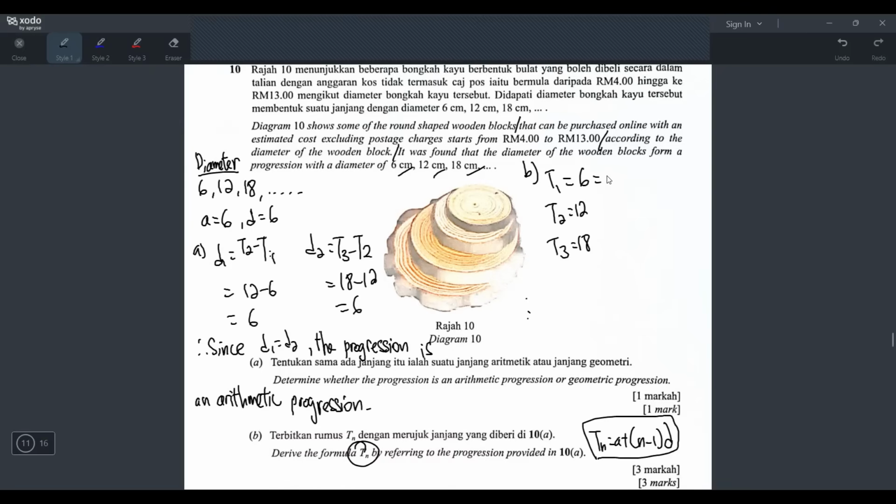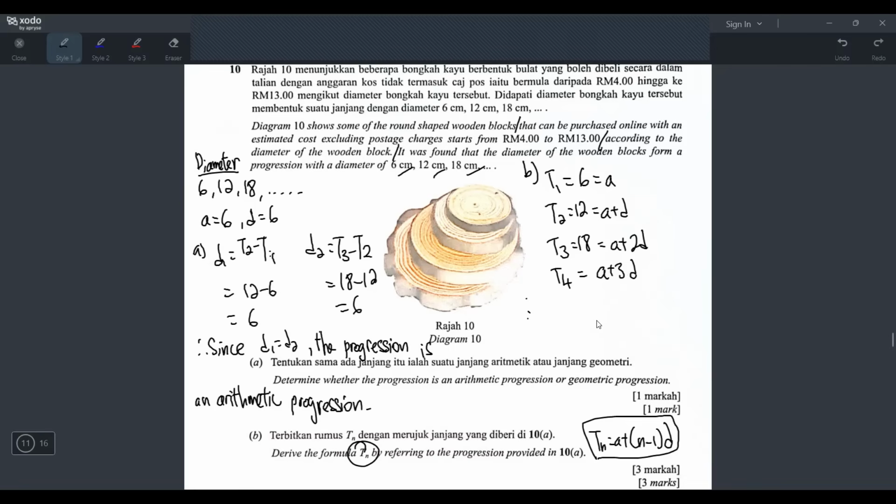It's actually the a. T2 is also the a, but it's a plus d. And then T3, 18, is a plus 2d, it means you add d twice. And then T4 will be a plus 3d, because this one is a, and then a plus d, a plus 2d, a plus 3d.